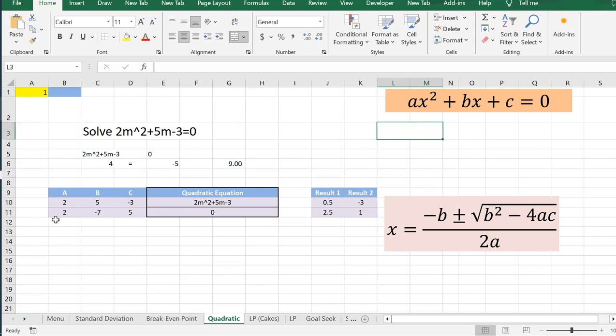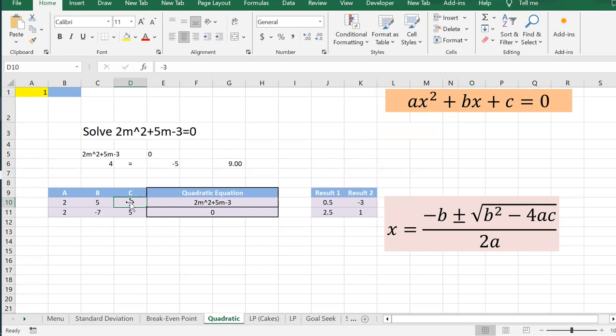So a is equal to 2, right? So this is 2, fair enough. And this is bx, it is 5m. So 5 is b, right? And the c is minus 3.